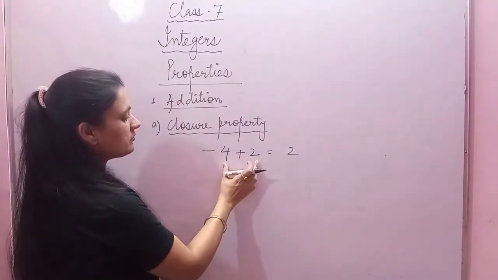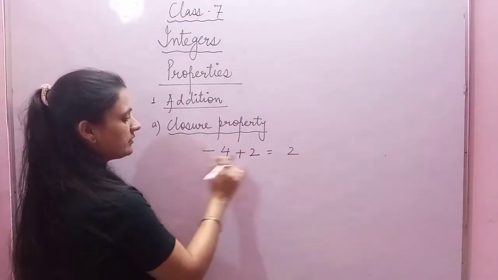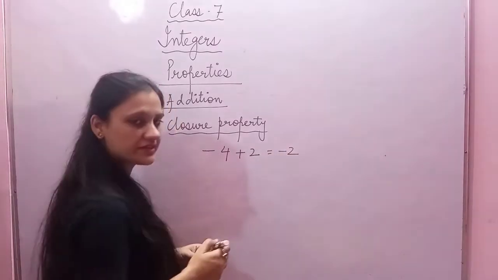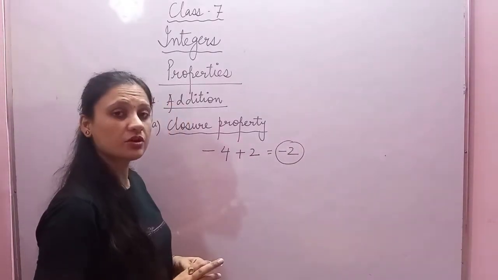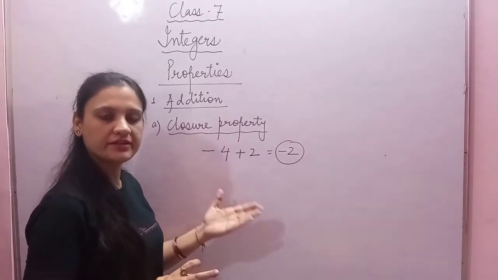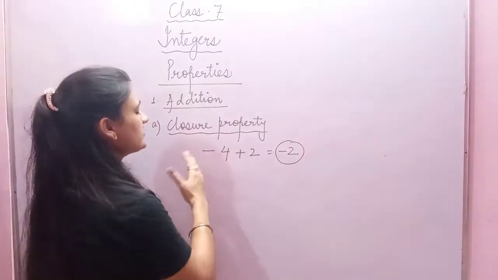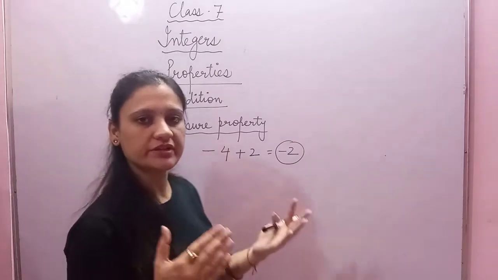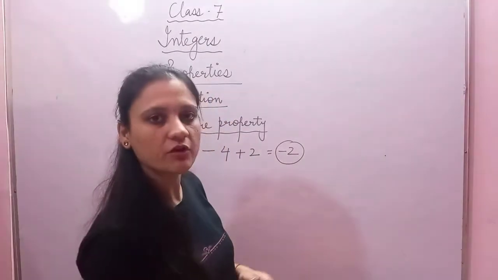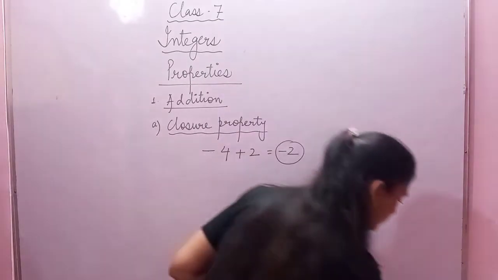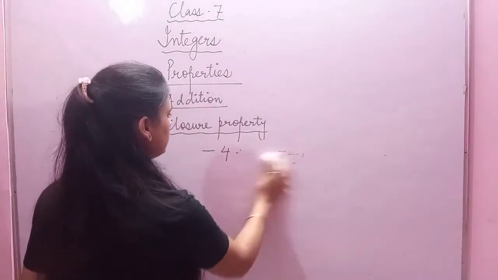Which is the greater number, 4 or 2? 4, and the sign with 4 is negative. So the answer is -2. Is it an integer or not? Yes, it is an integer. So whenever you add two integers, you'll get an integer. This is the closure property of addition. Okay, so let us write it down.